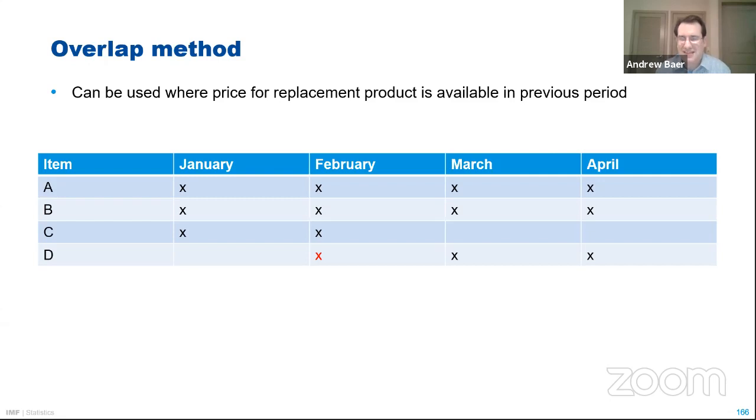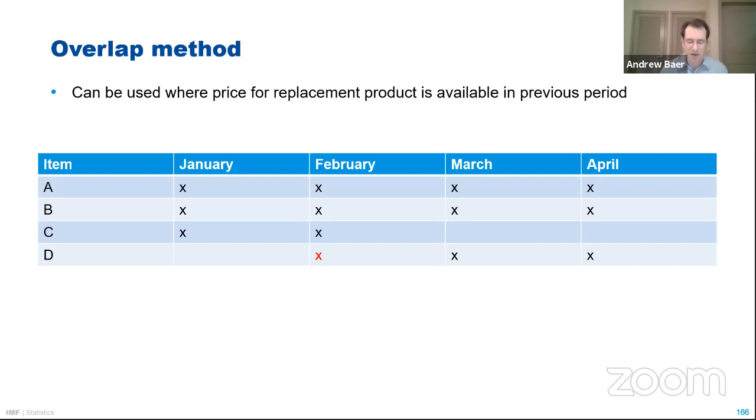So the ideal method we'd want to use is, in the month where we have to substitute in the new replacement product, we want to see if we can get a previous period price for that product as well. So in this example, in March, we would remove item C, right? It's no longer offered. I no longer have a price for that product. And now item D comes in. The ideal case would be that item D was also produced in February.